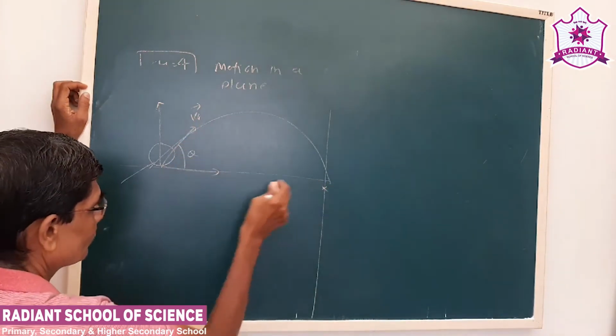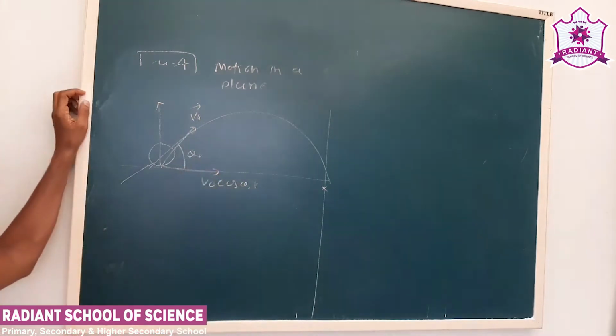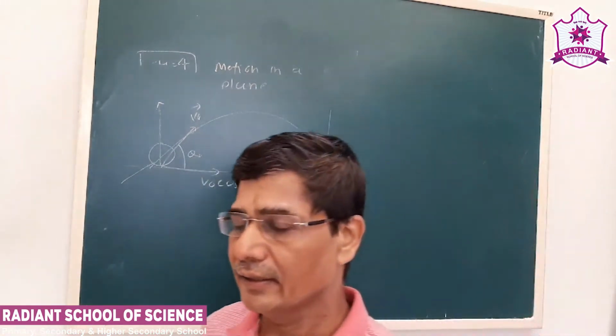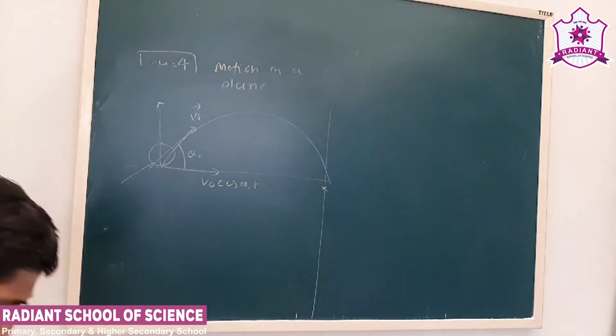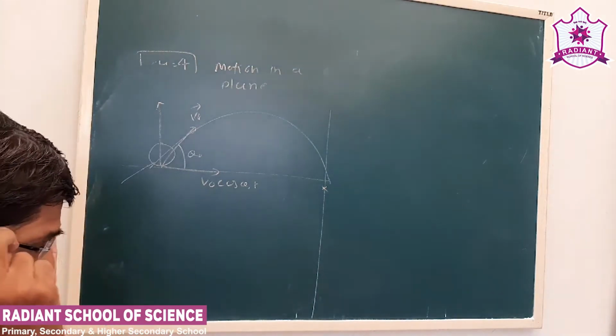What will be the x component? v0 cos theta. Now this v0 cos theta, the x component, is not affected by any other external parameter. So that's why we say this motion is with a constant horizontal velocity.